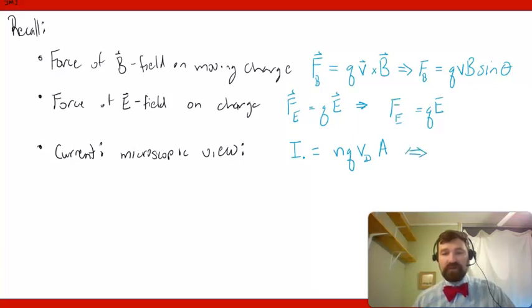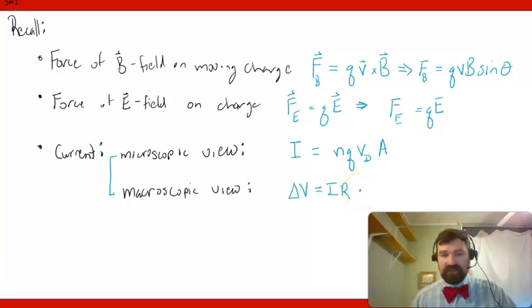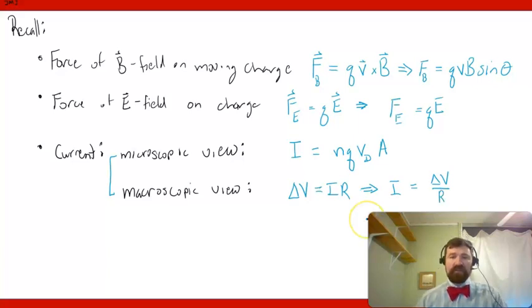If you wanted to figure out how to use the Hall probe, you'll recall that from the macroscopic view, this became Ohm's law. That is, delta V is IR, or in other words, the current is the voltage drop divided by the resistance.